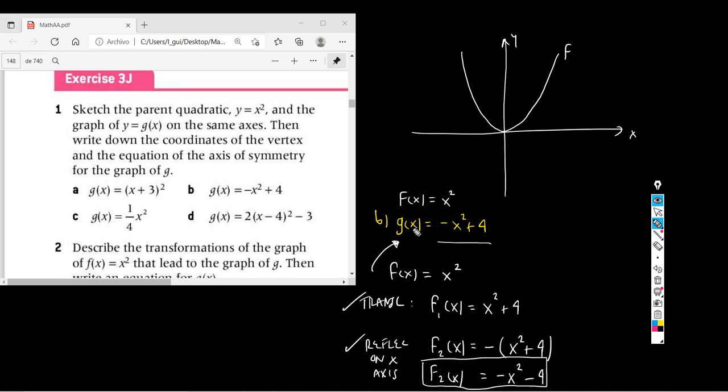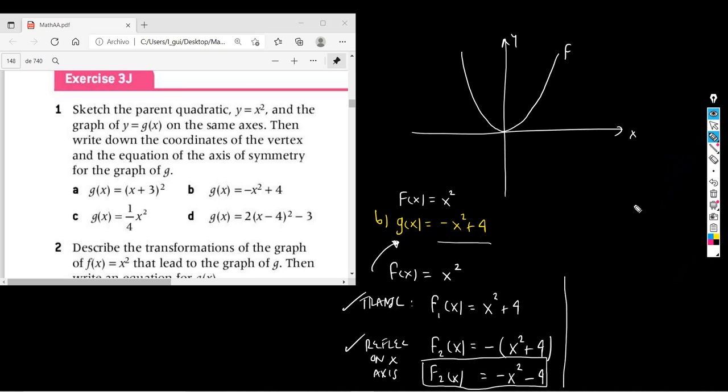You see? So g, this function, should not be understood as a translation first and as a reflection next. It must be understood the other way around. Okay, first, the reflection. Here we go. Take the parent function. Reflect it around the x-axis. I'm going to write it here.